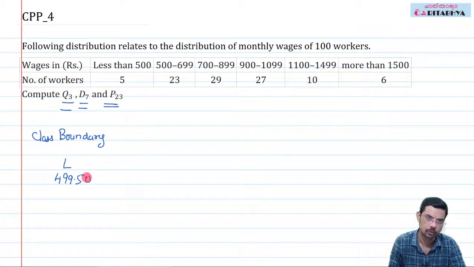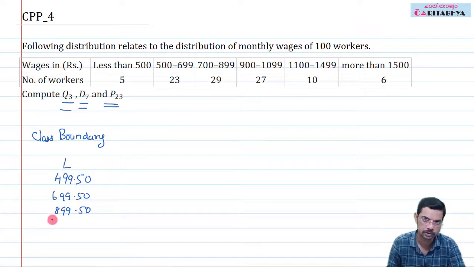Then we have 699.50 for this, then 899.50, then 1099.50, then 1499.50.